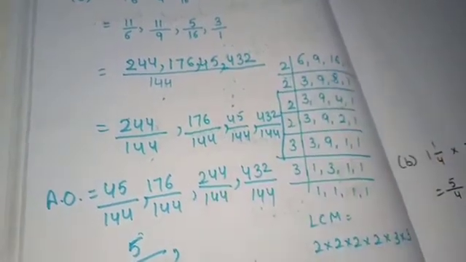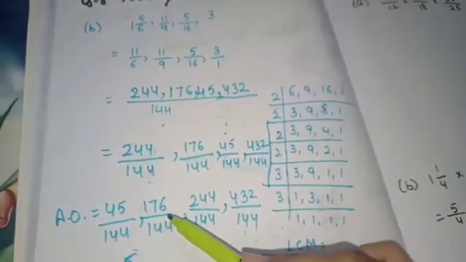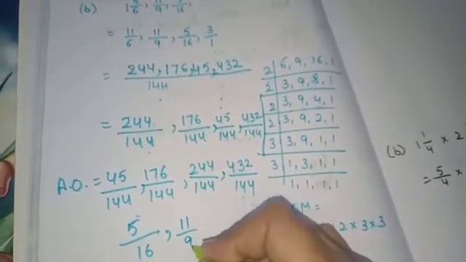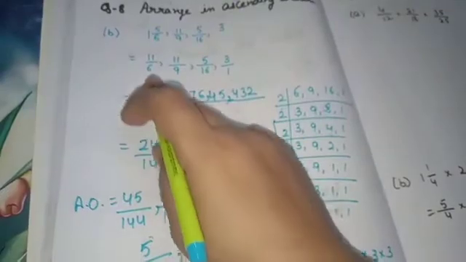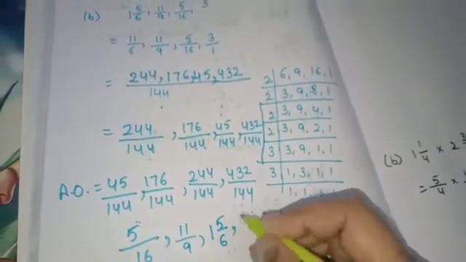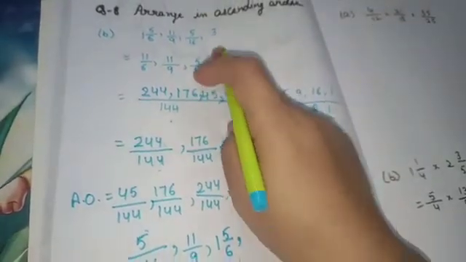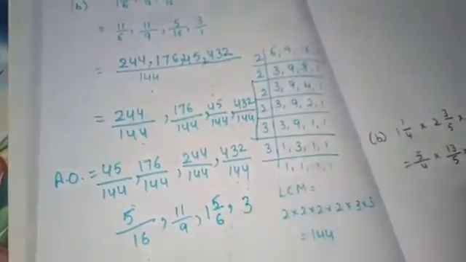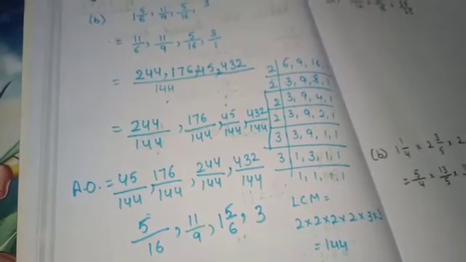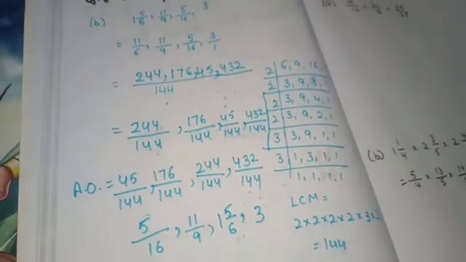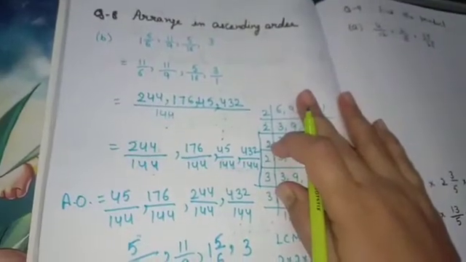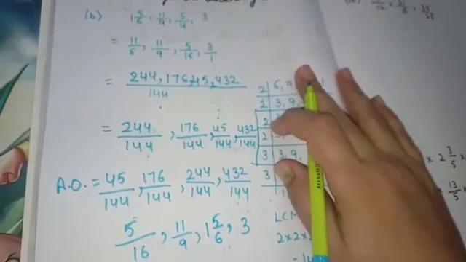Then 176 represents the fraction 11 by 9. Then 244 represents 1 5 by 6 and 432 represents 3. So this is the ascending order of the given fractions: 5 by 16, 11 by 9, 1 5 by 6 and 3. Okay, this is the B part of question number 8. A part you will do on your own.